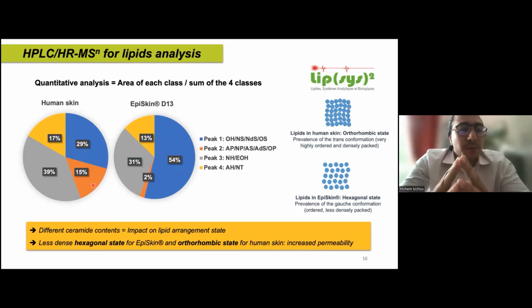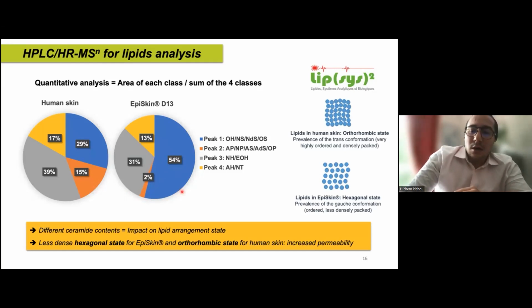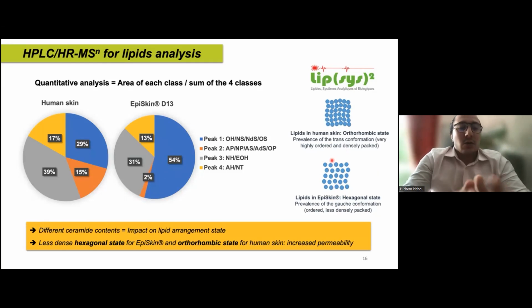These differences directly impact lipid arrangement, resulting in a less dense hexagonal state in EpiSkin compared to the orthorhombic and more ordered state in human skin. This difference in state directly impacts the intercellular pathways and consequently the permeability, especially for a hydrophilic compound like resorcinol.